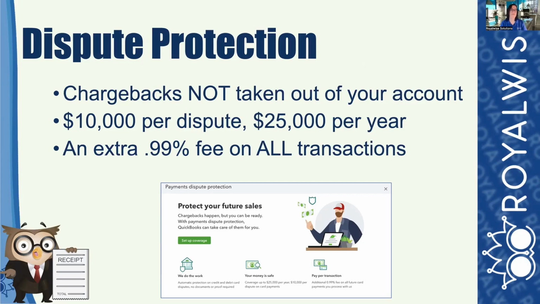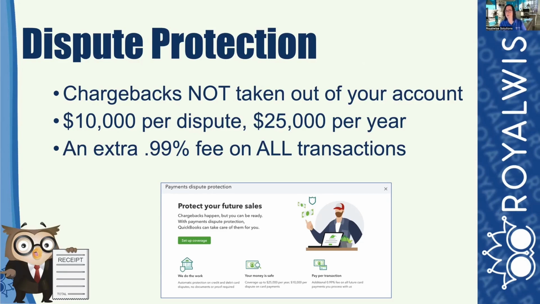You have a $25,000 limit across the year. But in order to get dispute protection, you have to pay an extra 0.99% fee on every merchant service transaction. So it's basically an extra 1% fee, but then you have permanent chargeback protection. But you're paying the fee whether or not you're going to get charged back for any of those transactions.